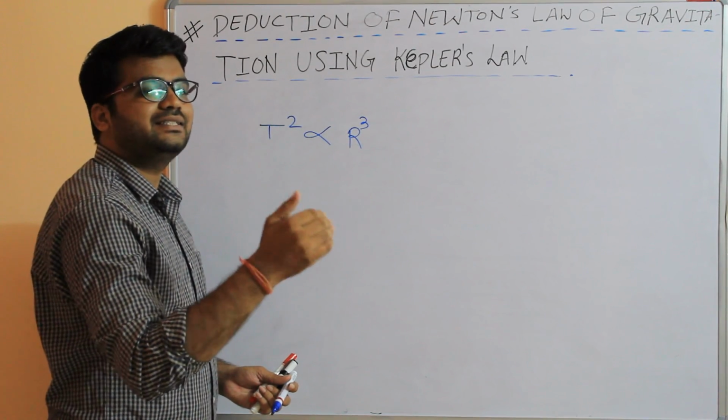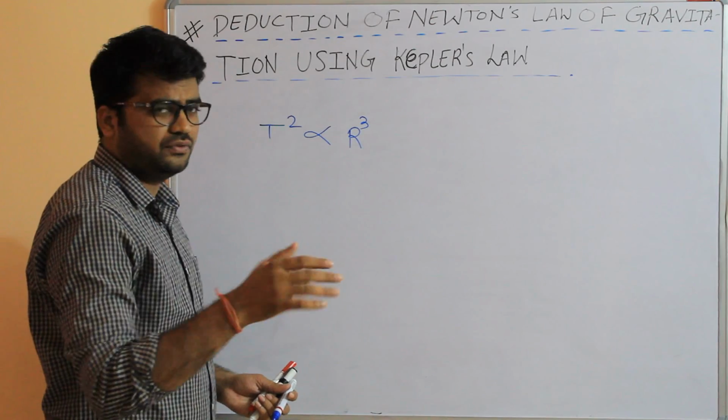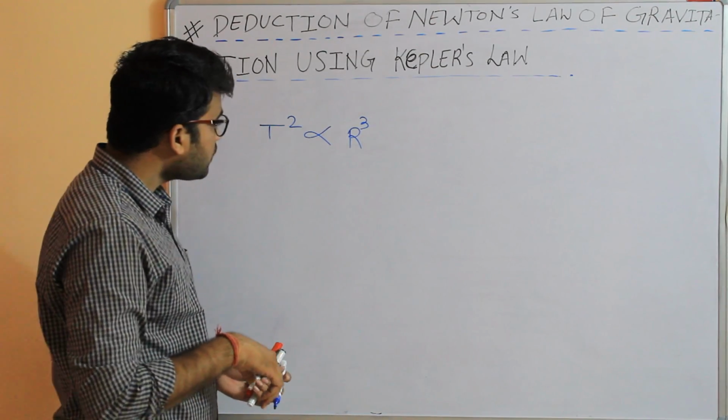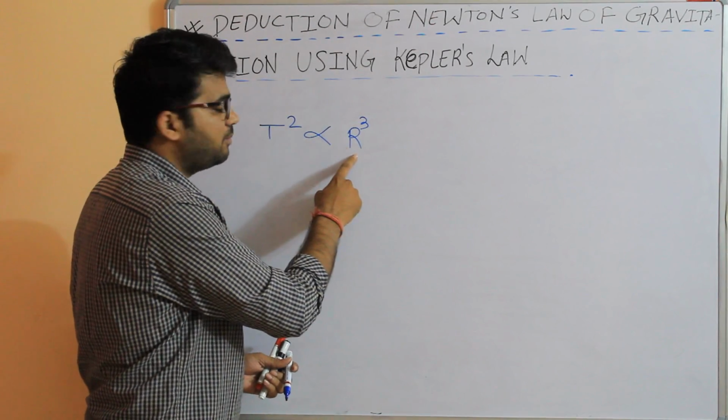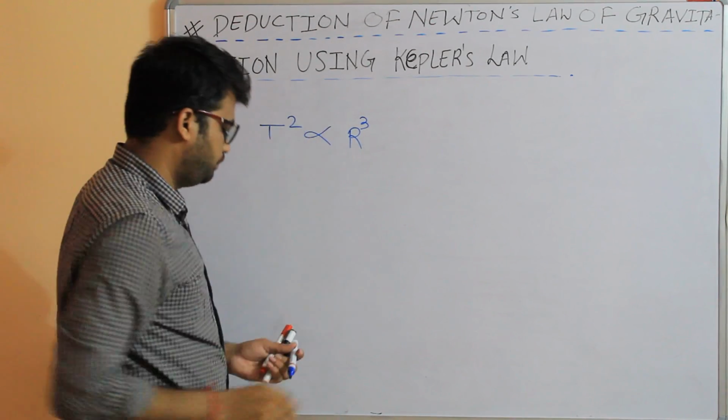That is in 1665, after 50 to 55 years. So this is nothing but T square is directly proportional to r cube.